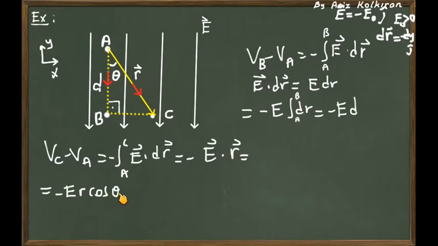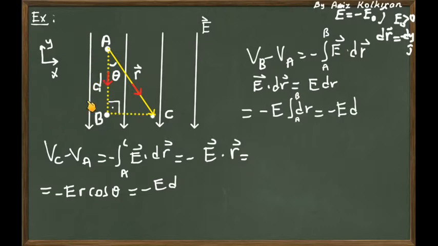But look carefully here. What is r times cosine theta in this right triangle? In this yellow triangle, r times cosine theta is nothing but d. So it is the same as the previous one. The potential difference between point C and A, and between point B and A, is the same.